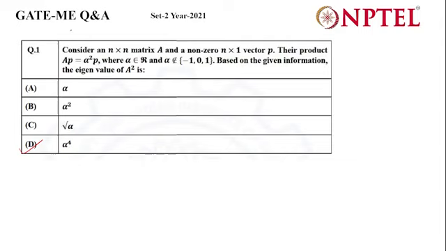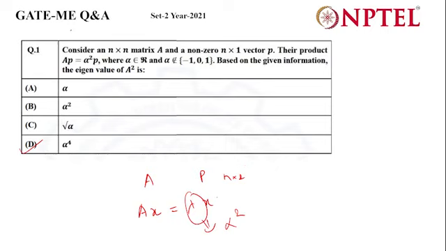Consider an n cross n matrix A. Suppose there is one matrix A and one vector P which is n cross 1. What are they trying to say? A into P is equal to alpha square P, which is lambda into X. So here your lambda is alpha square. Based on the given information, what is the eigenvalue of A square?